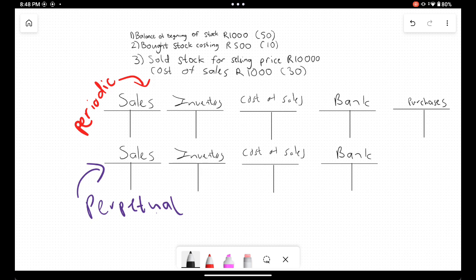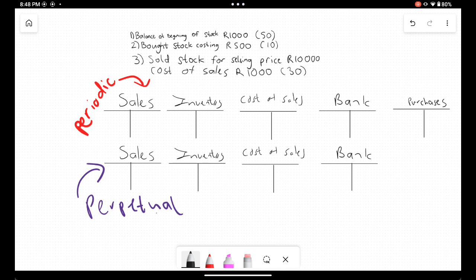But the main difference between periodic and perpetual is, first, in periodic any entry that has cost of sales, you leave it out. And second, when we buy stock or refer to stock, instead of saying inventory, we say purchases. Those two are the biggest differences.